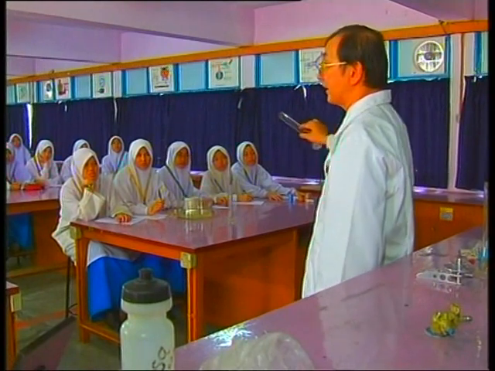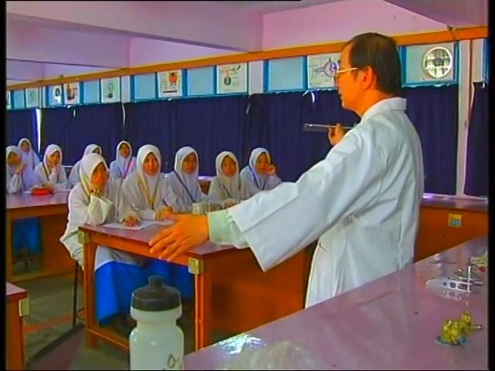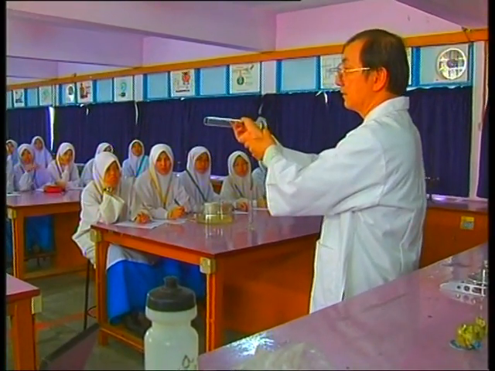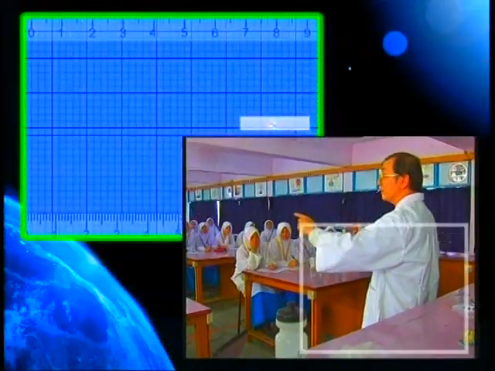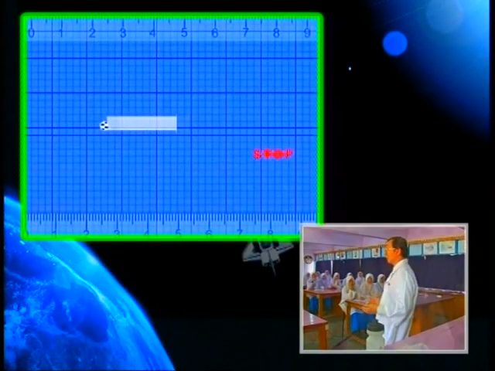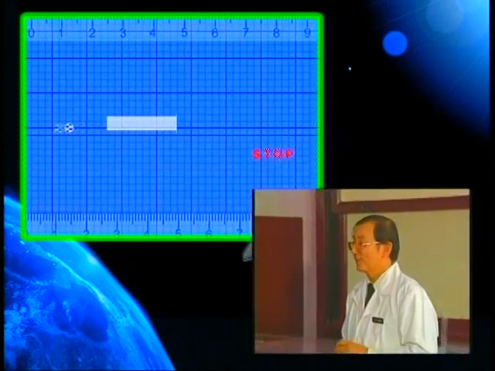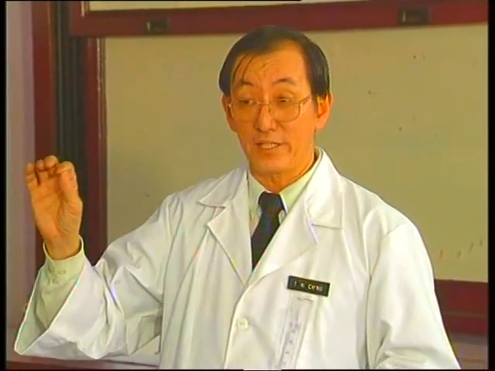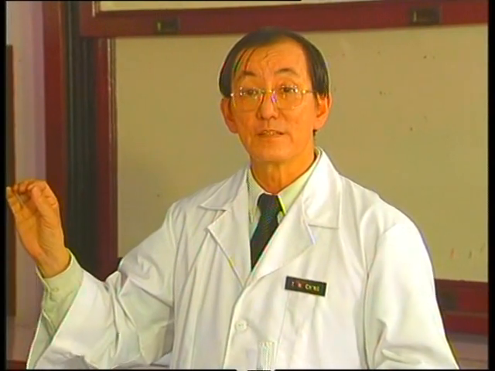If I move this marble and suddenly stop, the marble will move forward. What is this law? Newton's first law. What does Newton's first law state? That a body will remain at rest or at uniform velocity unless acted upon by an external force.